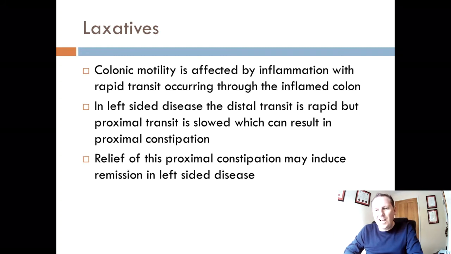Now patients think you're a little bit crazy saying that you are going to give them laxatives when they're already going to the toilet multiple times a day, so being able to show them that x-ray that shows that proximal constipation is quite helpful.